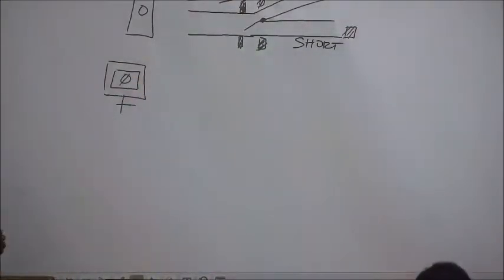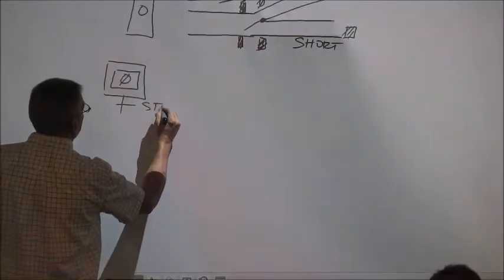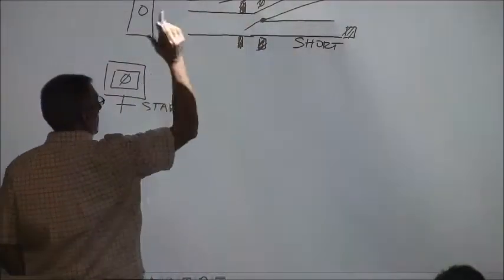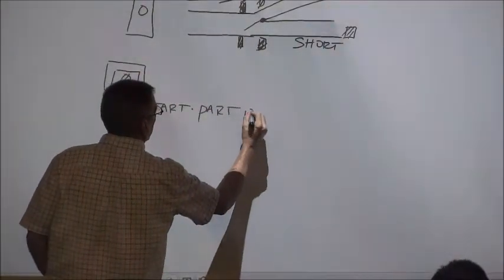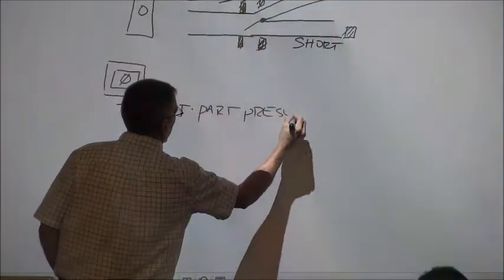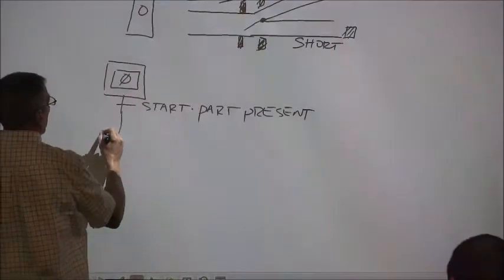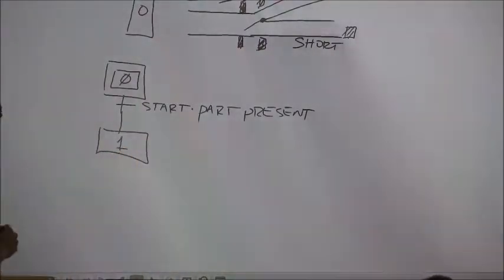Transition 1. What's transition 1? Start. And part present, part at entrance, whatever. I'll try to keep it short here. Part present at the entrance of the conveyor. Action 1. Turn on the conveyor, right?